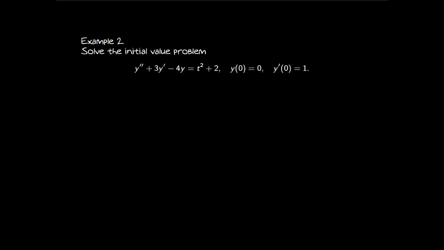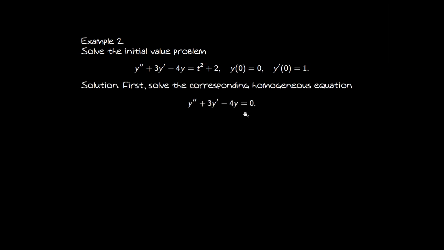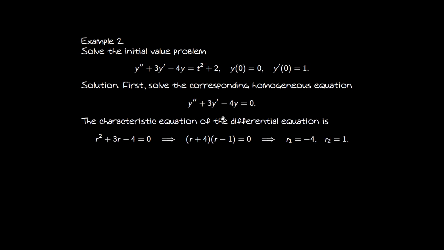Example 2. This problem is an initial value problem. So we have to first solve the equation and then use the initial conditions to determine the constants. So first of all, we have to solve the corresponding homogeneous equation. Once again, we're going to use the characteristic equation.